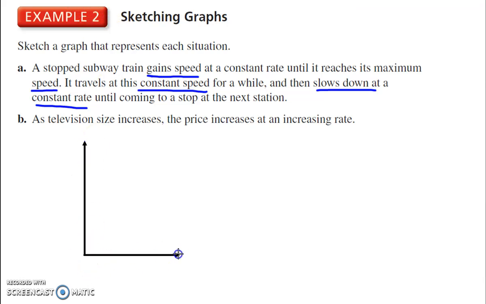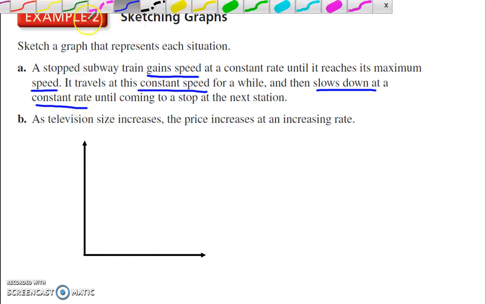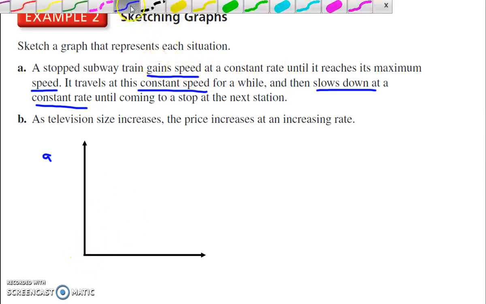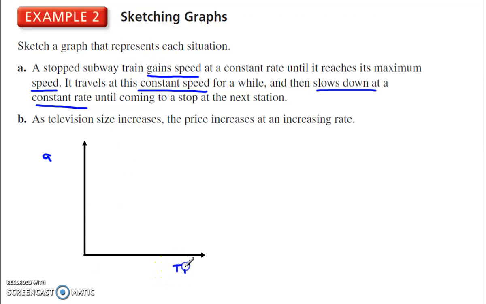All right, so for A, here we have the subway train. This is A. All right, since it's a constant, we are gaining speed at a constant rate. So we were stopped. That means we start at 0, and we will call this time, and this is speed.